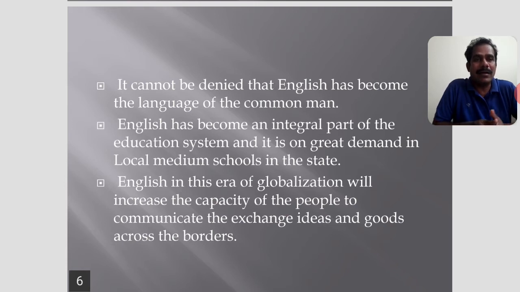It is in great demand in local medium schools in the state. In our state, there is a great demand for English, though we are offering mother tongue in our local schools. So it is very important. Those who are able to speak fluent English have abundant opportunities.